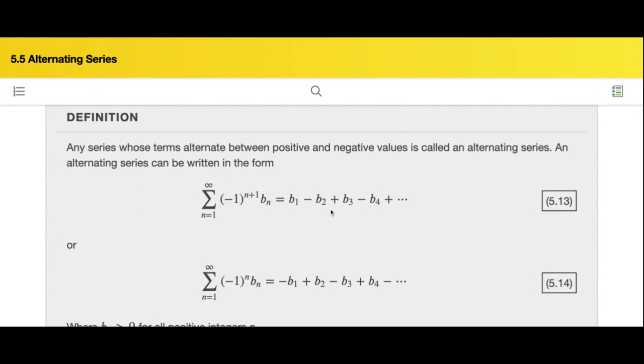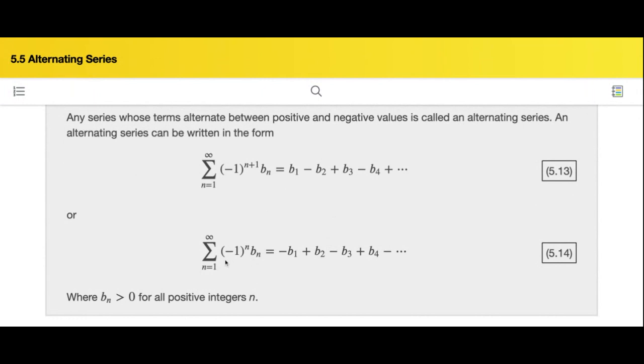So we'll get b1 - b2 + b3 - b4, so on and so forth. Or with (-1)^n b_n, the first term will be negative. We'll have -b1 + b2, so on and so forth. Here, of course, the b_n terms are positive terms.